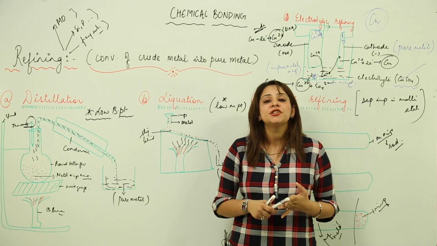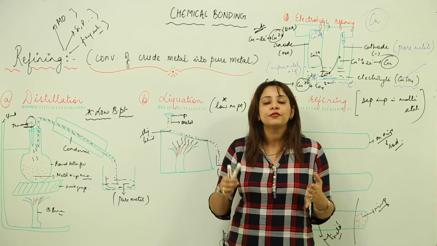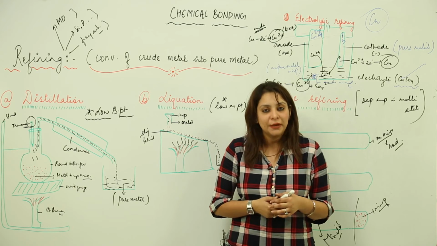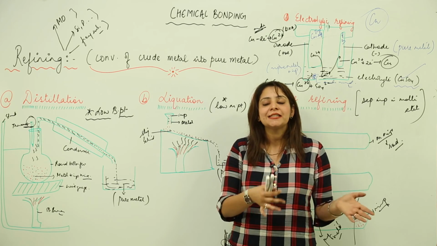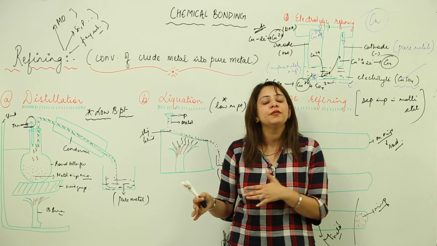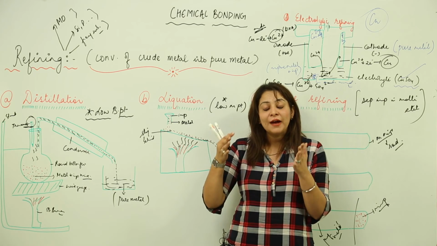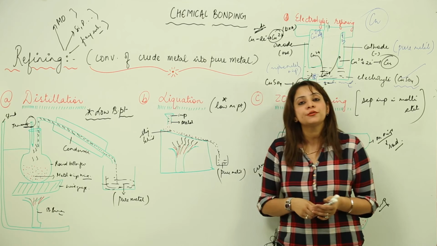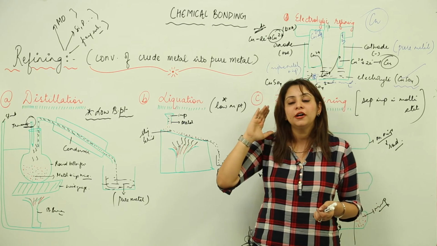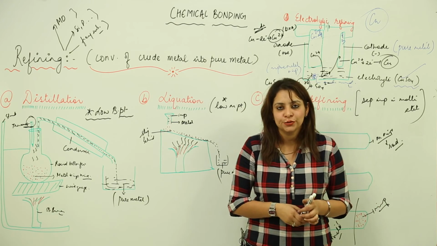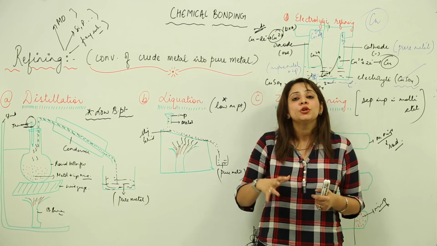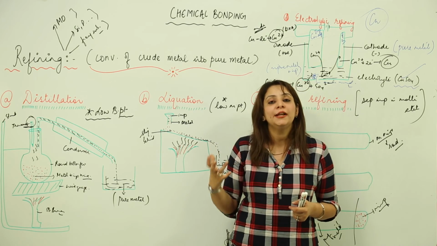The next process was the conversion of that concentrated ore into a metal oxide. We did that with calcination or roasting, in which we heat the ore in the absence or presence of air, right? And you have to keep in mind that roasting is used for sulfide ores, and for carbonate ores calcination is used, and it is just a method to get rid of the volatile fraction.